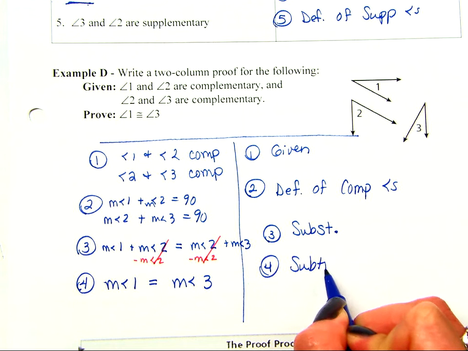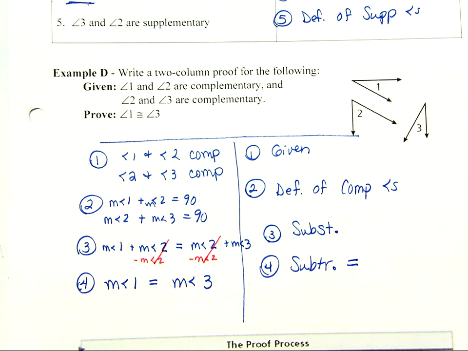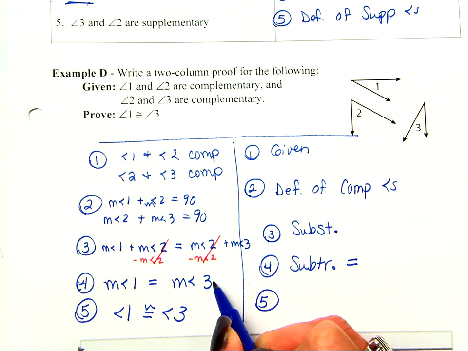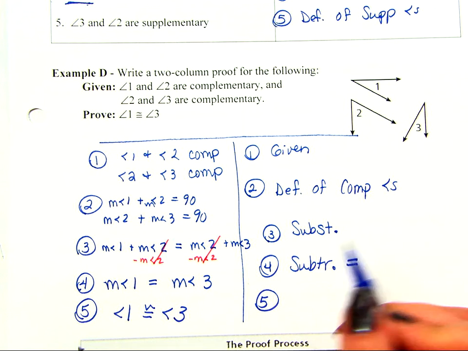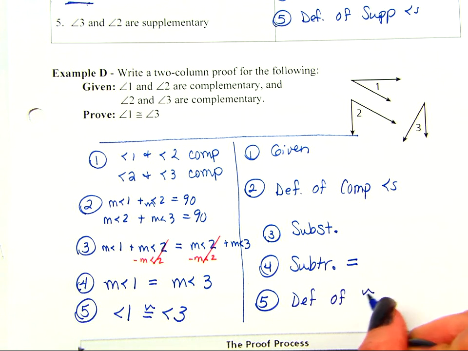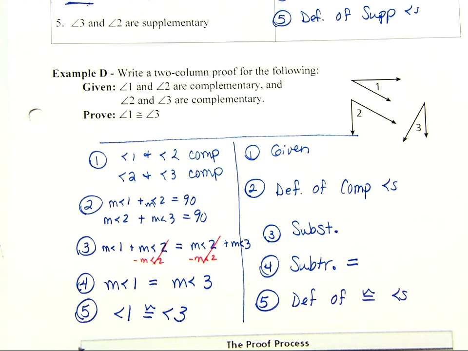We subtracted. And so, does that prove that angle 1 is congruent to angle 3? Yes, it does. If they have the same measure, they must be congruent. And again, that is the definition of congruent angles, or simply the definition of congruence.